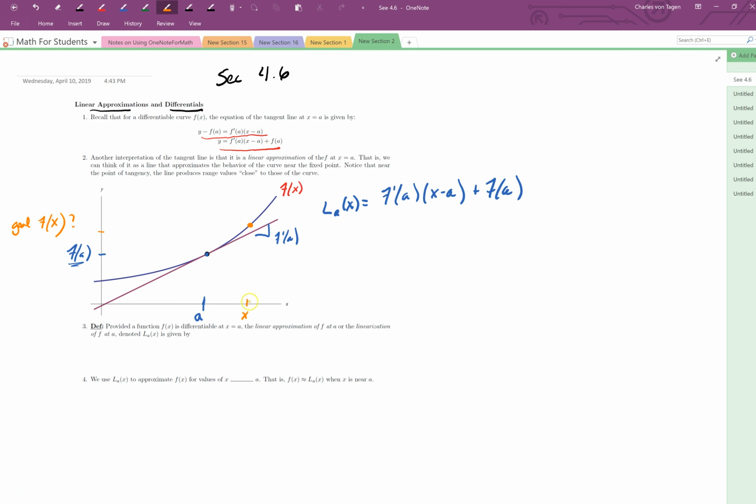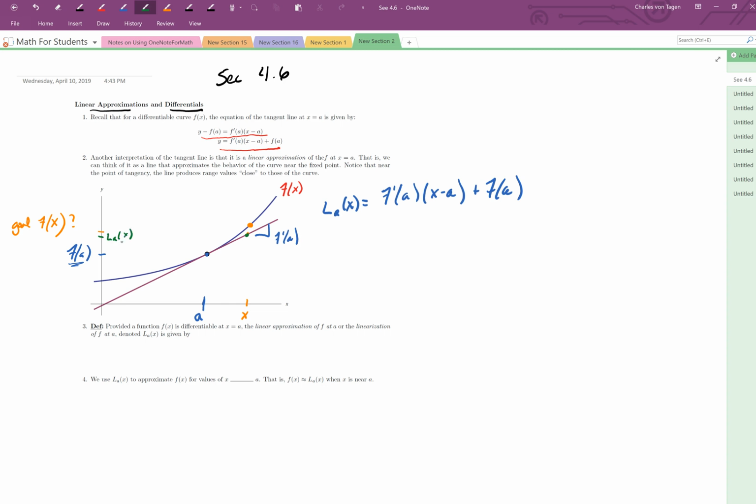So instead of plugging x into the function and trying to evaluate it, we're going to plug x into the linearization at that point. And notice, let me put a different color there. We're going to plug the value x into the linearization, and we're going to get a y value like this. So this is going to be L_a of x.